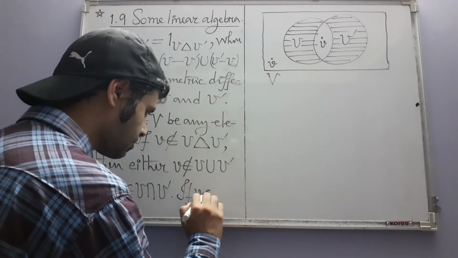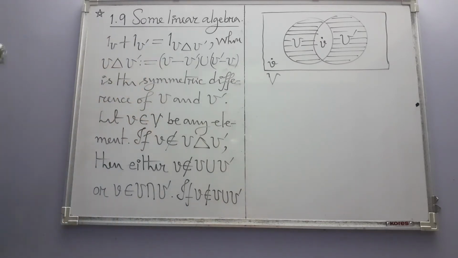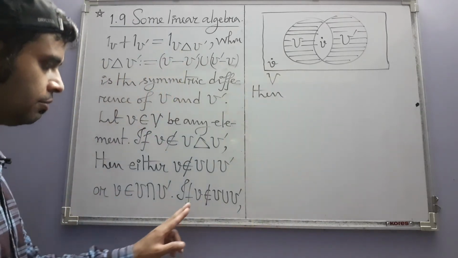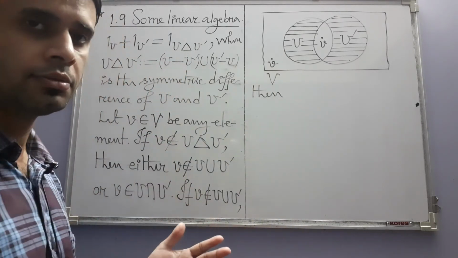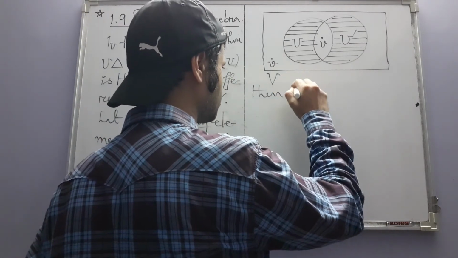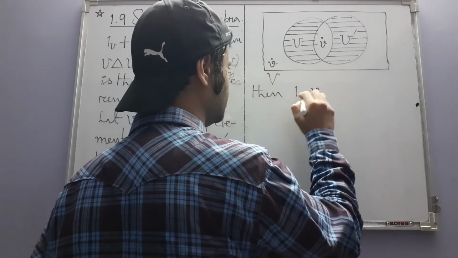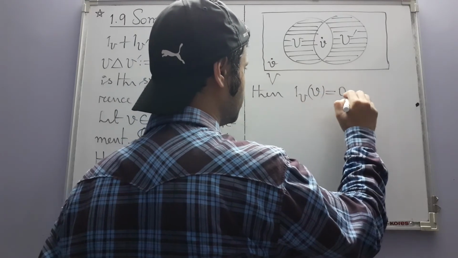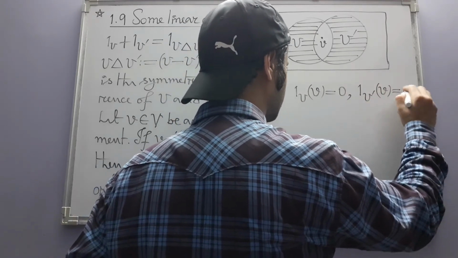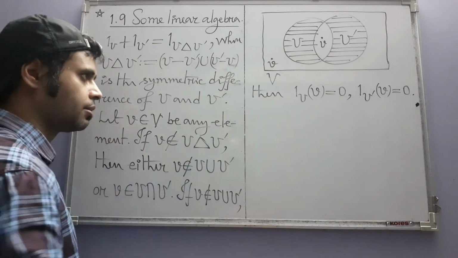If phi does not belong to u union u prime, then phi is of course neither in u nor in u prime. So what will these things be? What is the indicator function of u value at phi? This is equal to 0, and this thing is also equal to 0, naturally, because phi is in neither of them.